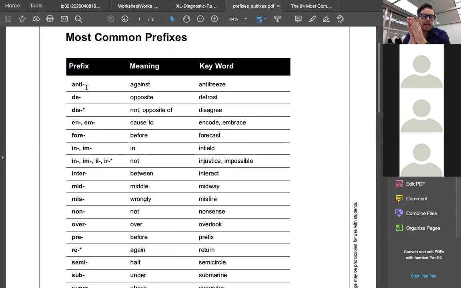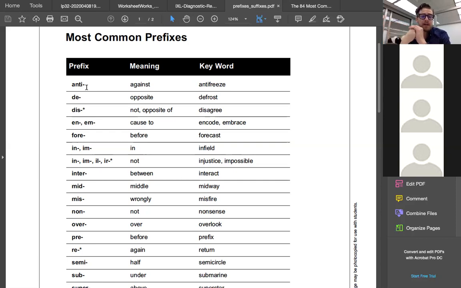Generally speaking, the majority of the time when you see that prefix, it means against whatever it's followed by. So antifreeze means it is against having the ability to freeze. Antifreeze is a liquid you use in your car so it doesn't freeze, if you're aware of that.